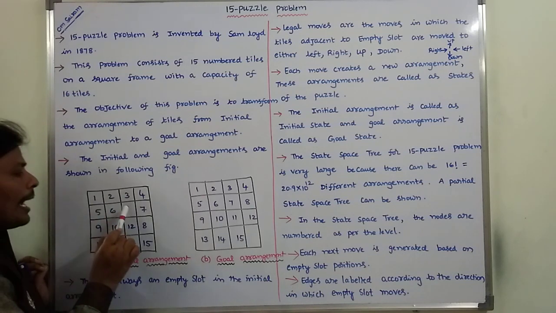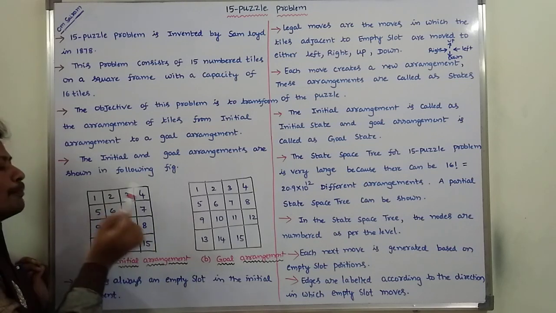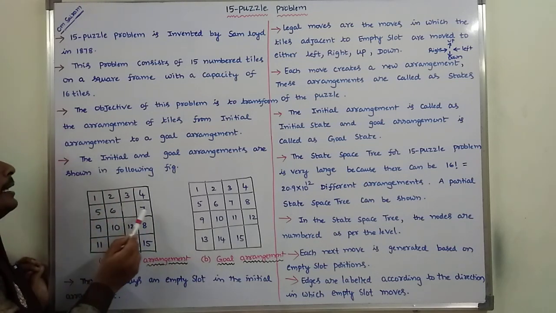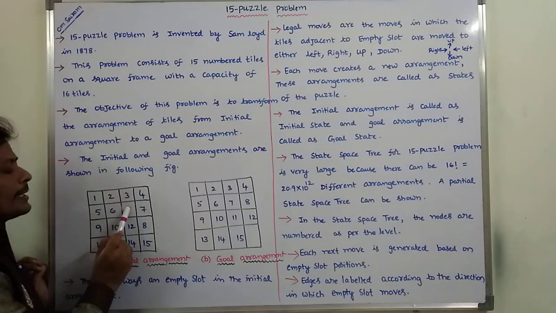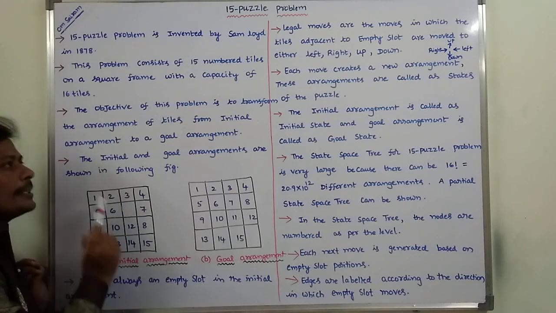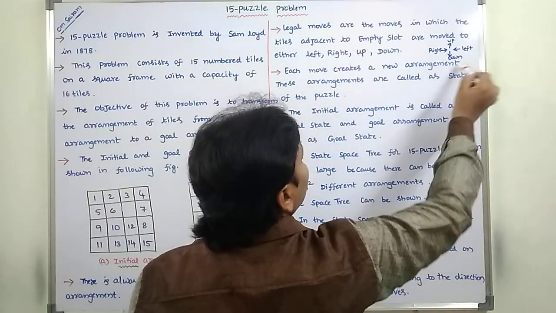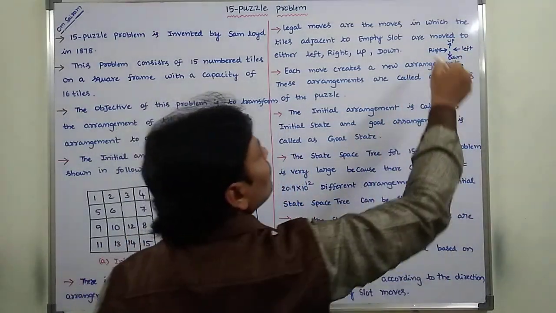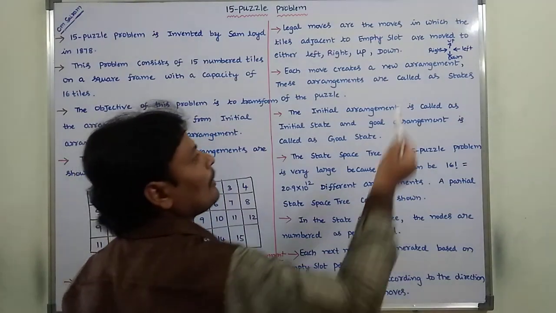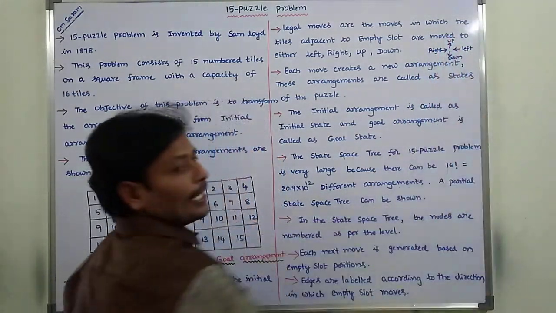Next, the 6 tile can be moved to this position, and the empty tile moves to this position. The 3 tile can be moved to this position, and the empty tile moves to this position. The 12 tile can be moved to this position, and the empty tile moves to this position. So the tiles adjacent to the empty tile are moved either in the left, right, up or down direction. The tile can be moved in any of these directions.